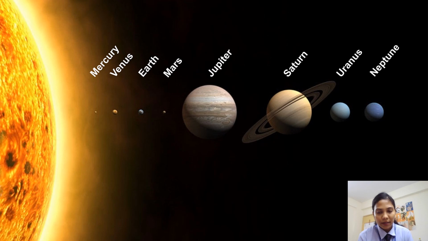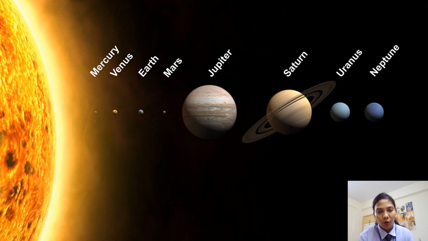So the first planet is Mercury, which is the closest to the sun, and after Mercury there is Venus, and after Venus there is Earth, and Earth is the third planet in our solar system, and we call our Earth a blue planet because on our planet there is lots of water.